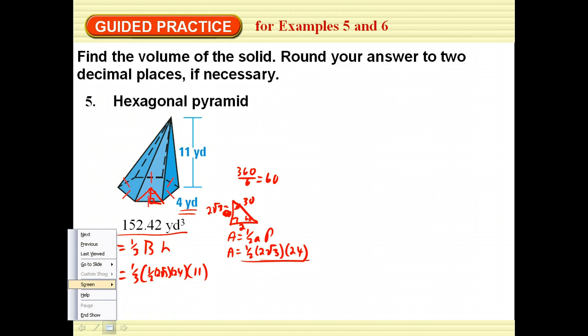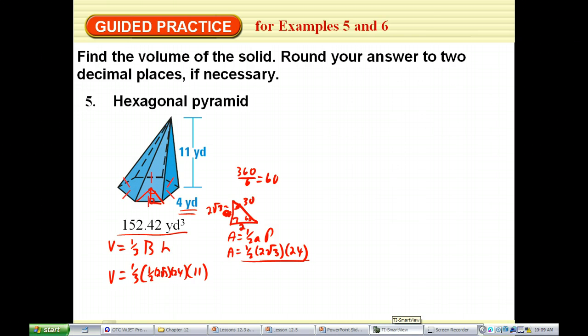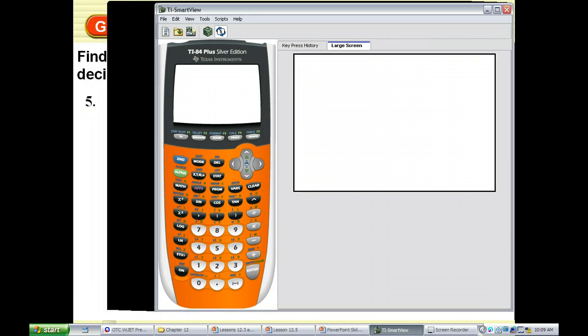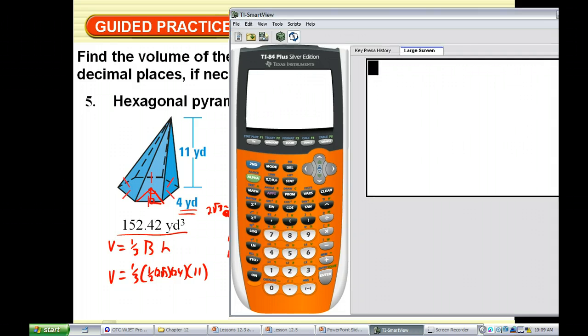I'm going to switch to my calculator, and I'm going to go ahead and take care of this.